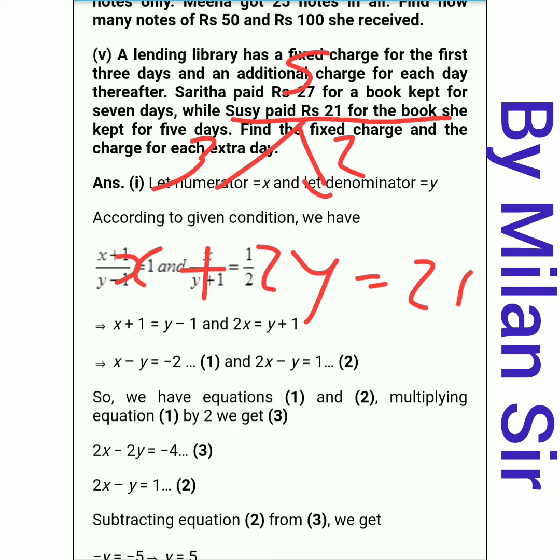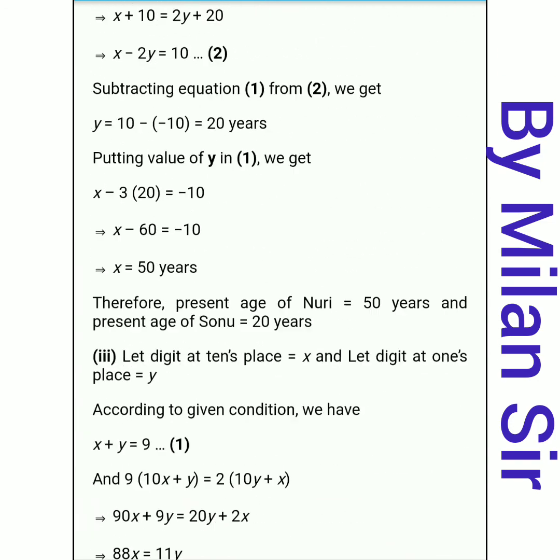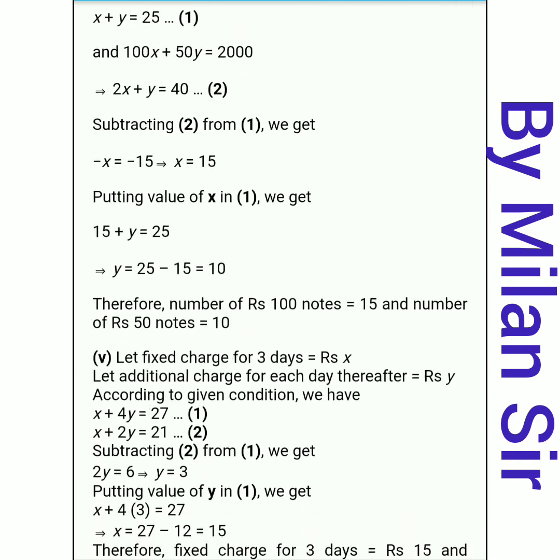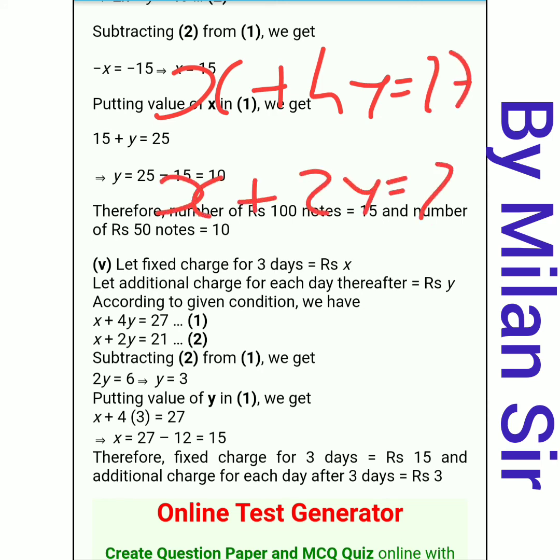So x plus 2y is equal to 21. This is our equation number 2. So our two equations are ready: equation 1, x plus 4y equals 27, and equation 2, x plus 2y equals 21.